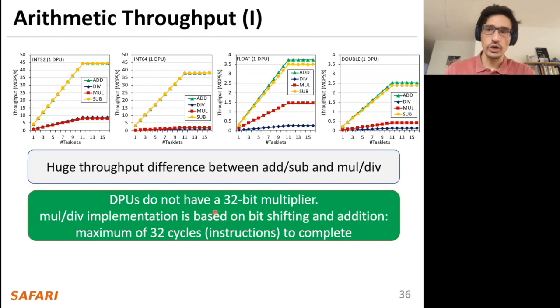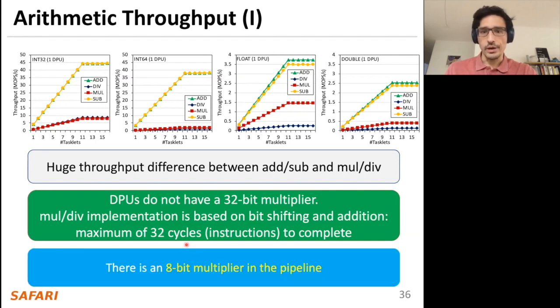And in total, for this multiplication or division, they need up to 32 instructions that translate to 32 cycles when the pipeline is full, when we have more than 11 tasklets running. There is actually one 8-bit multiplier in the pipeline, but of course you cannot directly use it to operate on 32-bit elements, for example.